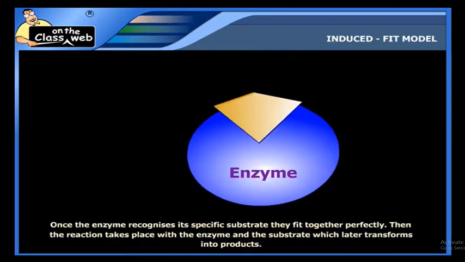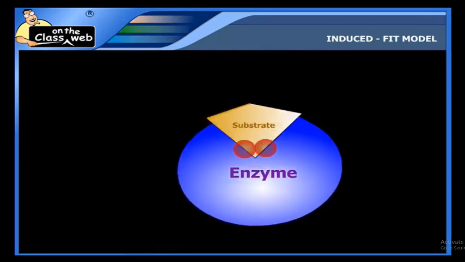But once the enzyme recognizes its specific substrate, the enzyme and the substrate fit together perfectly. Then the reaction takes place with the enzyme and later the substrate transforms into products.